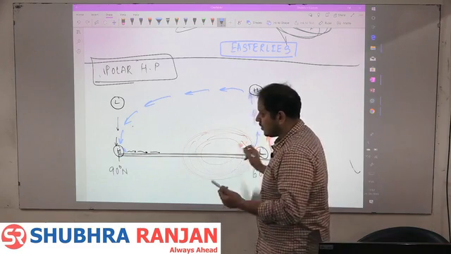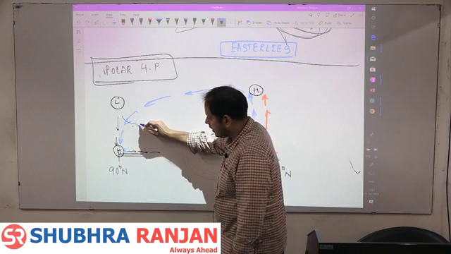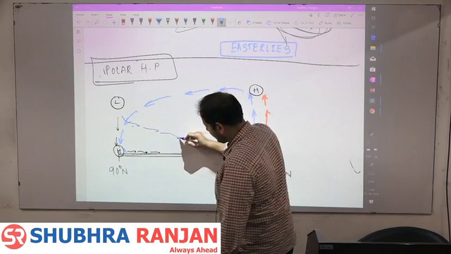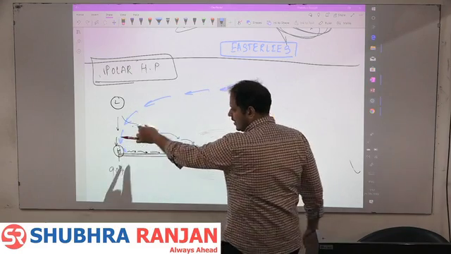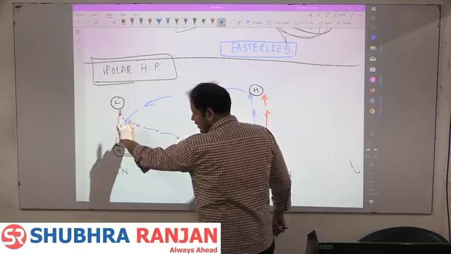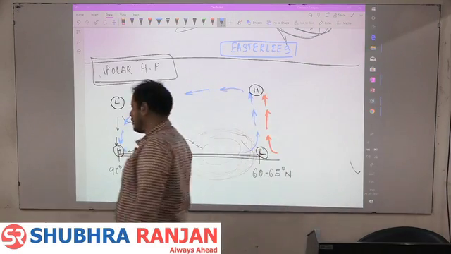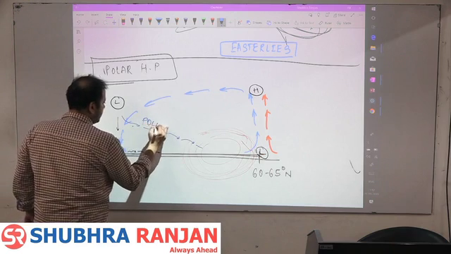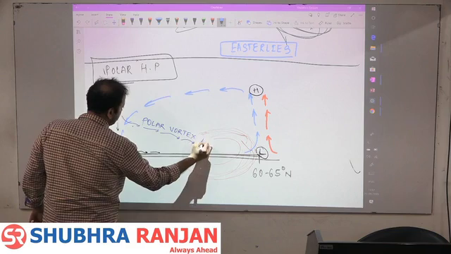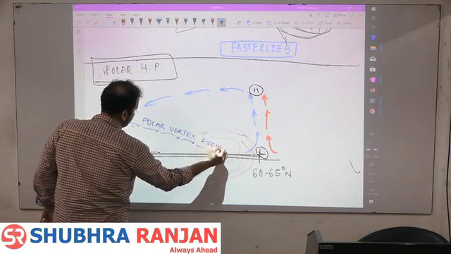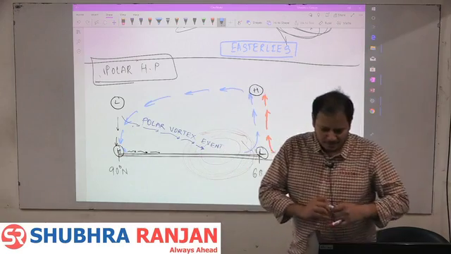And because this becomes very warm, the air which should go downwards gets attracted even till here, whereas it should go straight downwards. Some part goes straight downwards, some part comes into this region, and this is what we will call a polar vortex event, which started happening from this year in North America. Getting it? Polar vortex event.